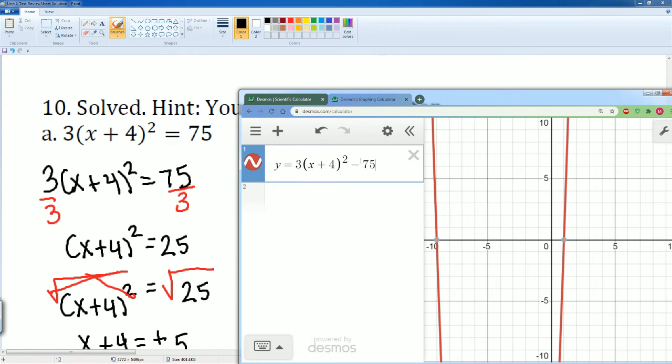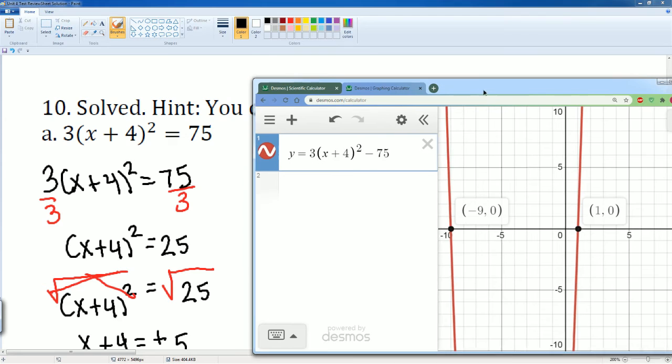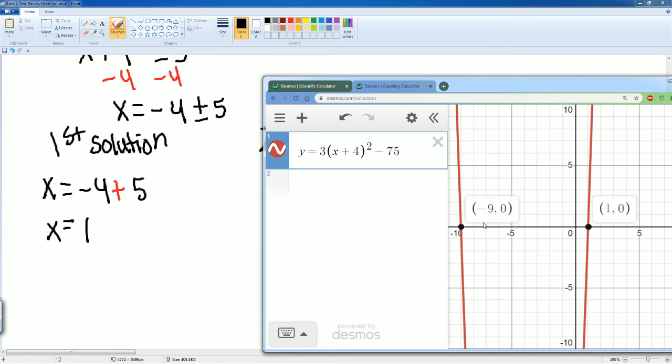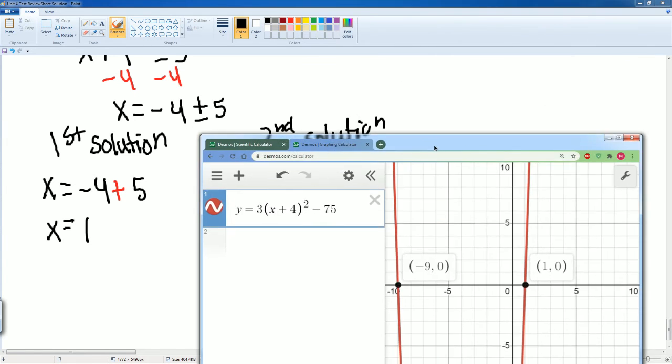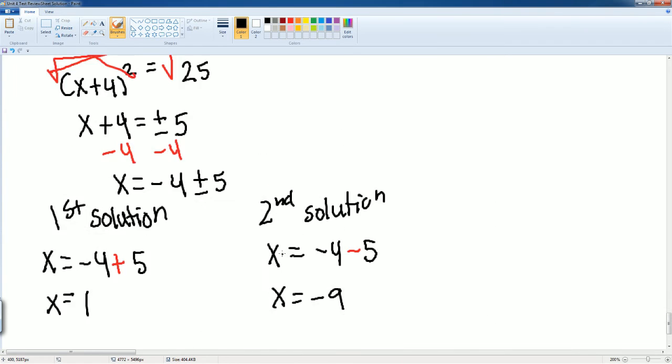It has to be in standard form. The solutions are x is equal to negative 9 and x is equal to 1. Let's see if those were the solutions. Yep. Do you see how powerful the graphing tool is? You can always check your answer that way.